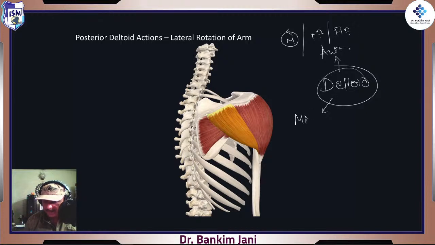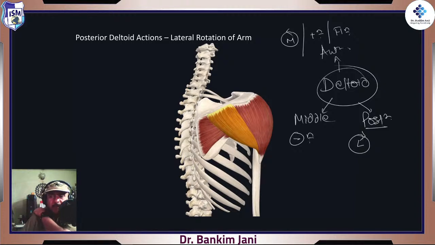Regarding the middle fibers, what was it doing? Abduction. So this is minus abduction. It is going away. And for the posterior fibers, right? If this was medial rotation, that would be the lateral rotation, right? So just put your hand back, and the moment you rotate your hand laterally, yes, right? It will happen like this. Okay.